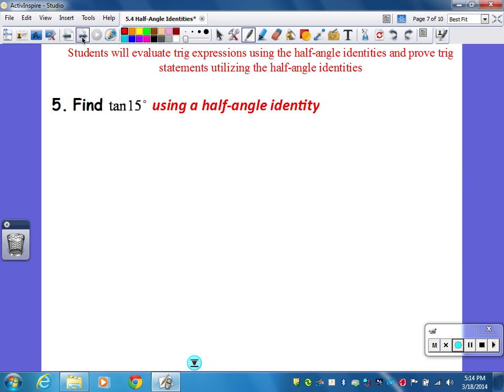Okay, so now we need to find tangent 15 using the half angle identity. Well, we know tangent 15 is equal to sine 30 degrees over 1 plus cosine 30 degrees.